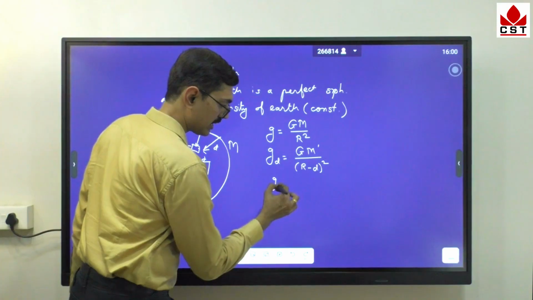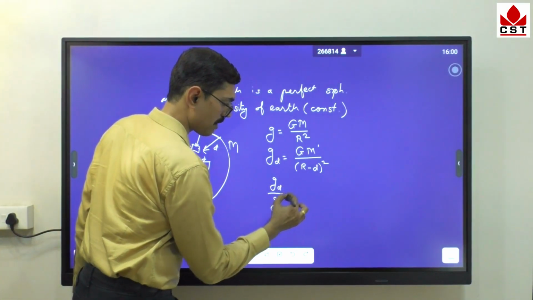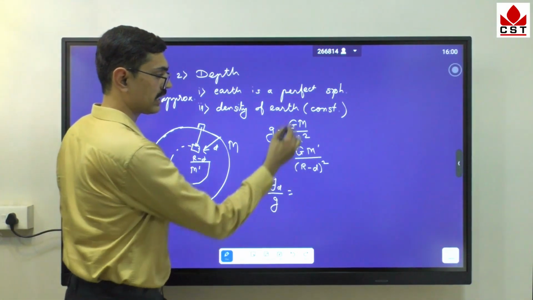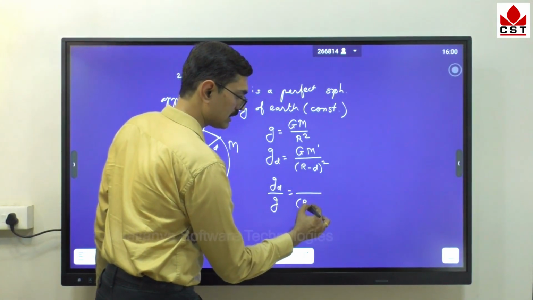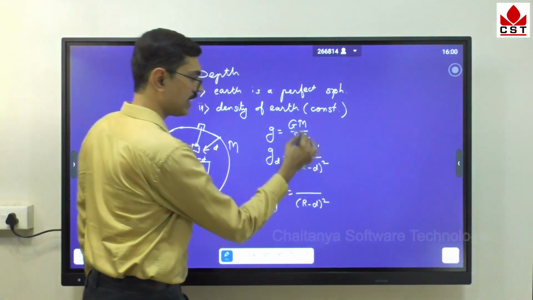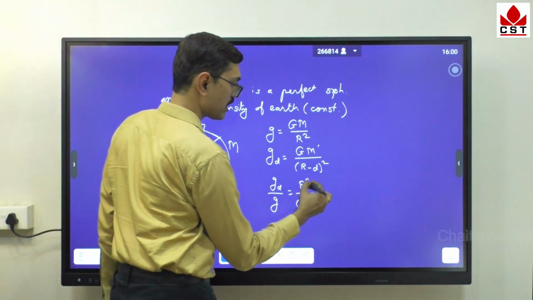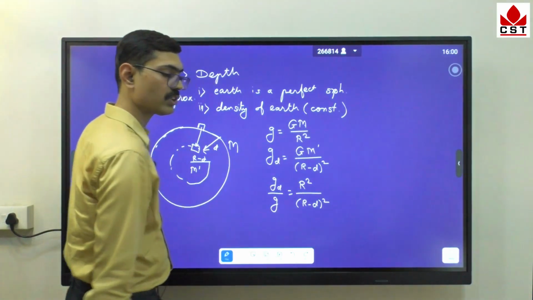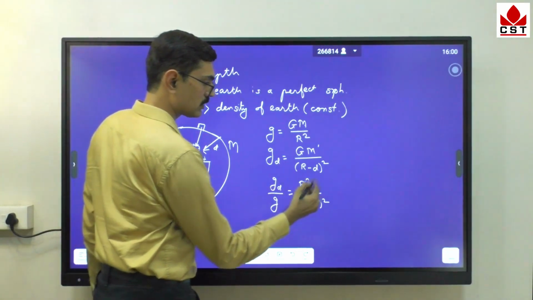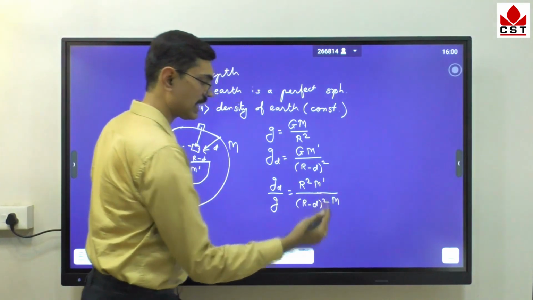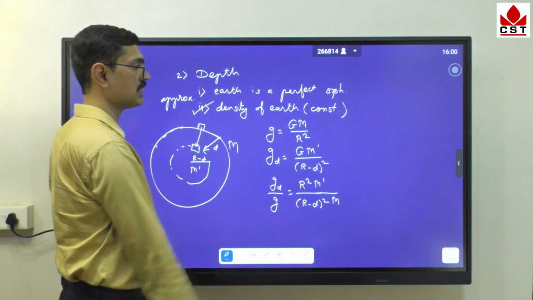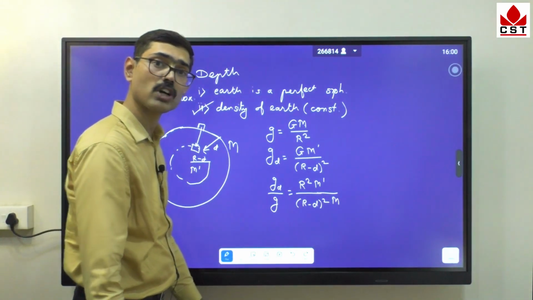Same way we take this gd upon g part. What is cancelling out? Capital G is cancelled out, and we get the (R minus d) square part, and here we get the R square part. But remember M is not cancelling out. So this is M dash and this is M part. So what about this M? Then take the second approximation: density is constant.